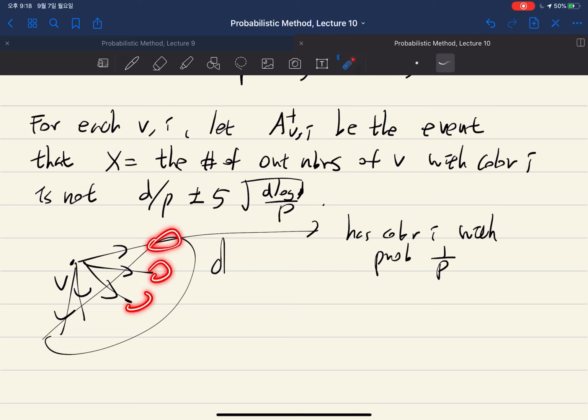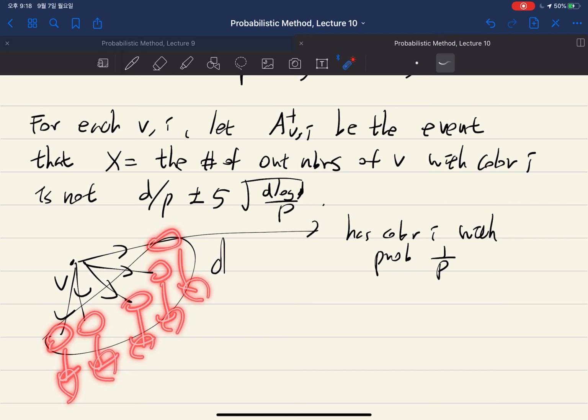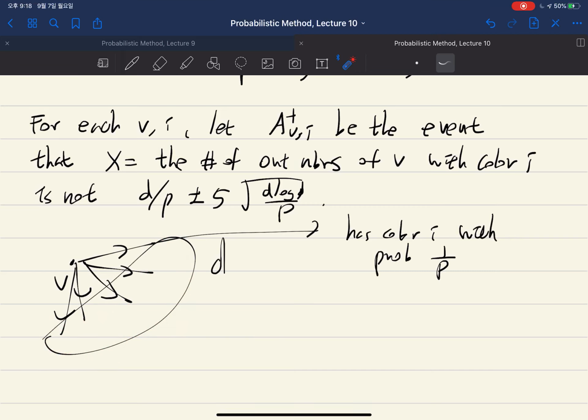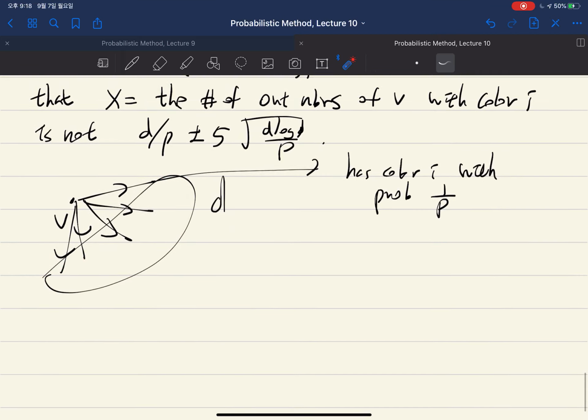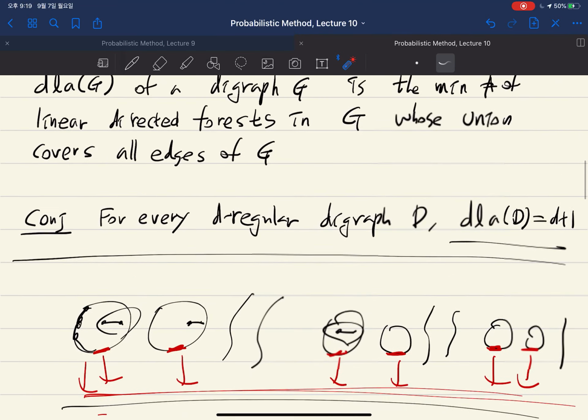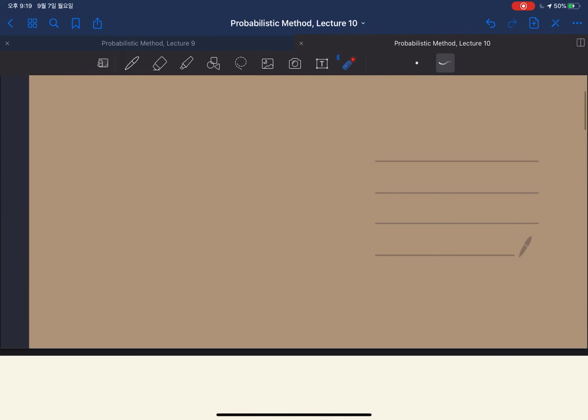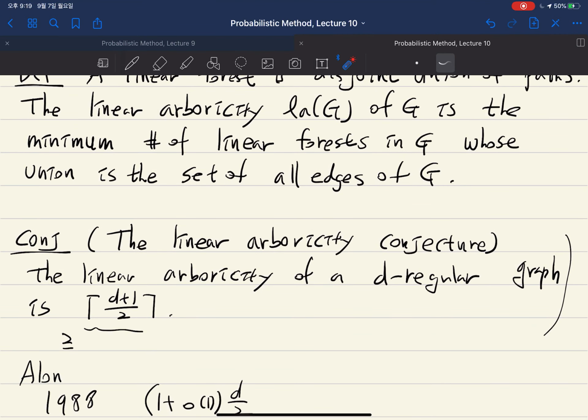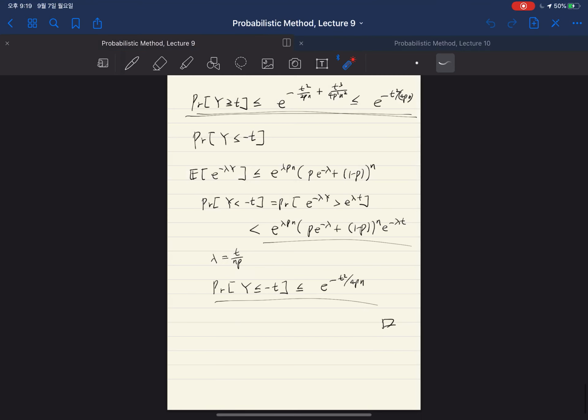And these indicator random variables, this has color i, this has i, this has i, are all independent. So we can apply the Chernoff bound, which we showed last time.